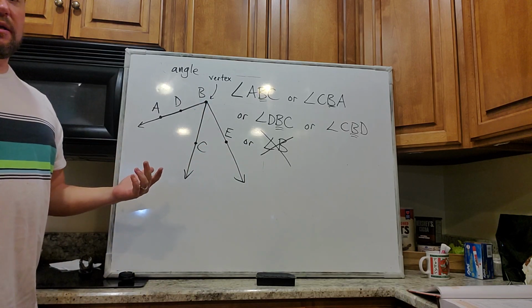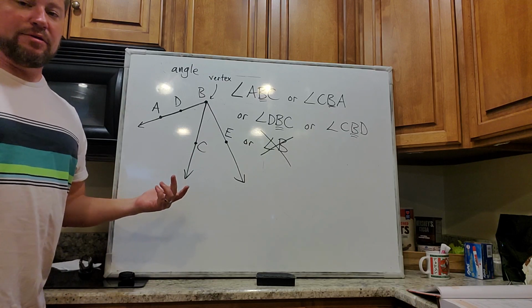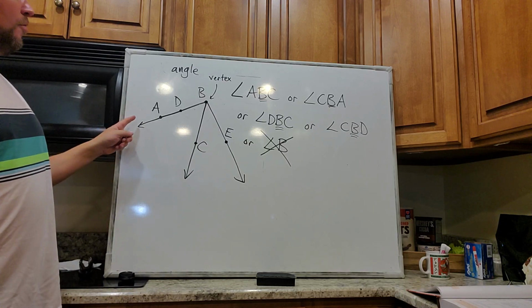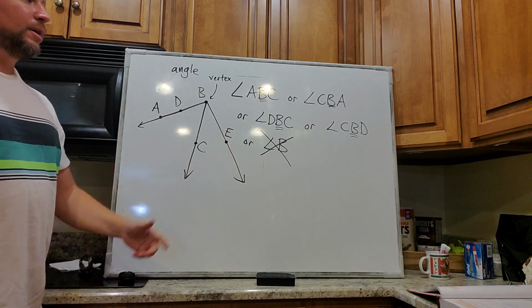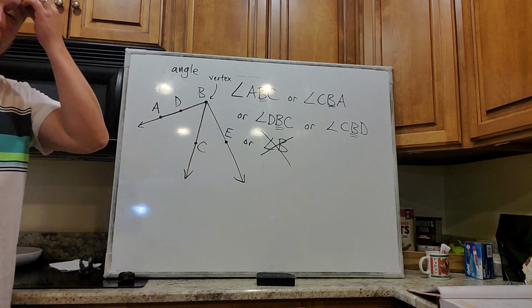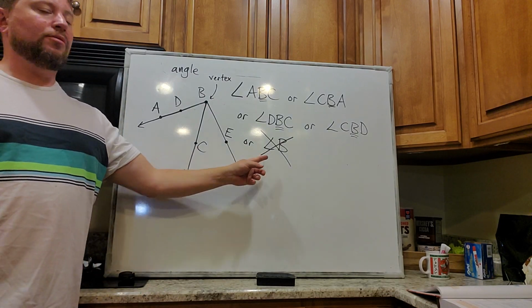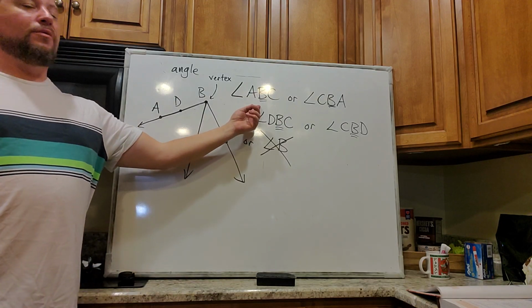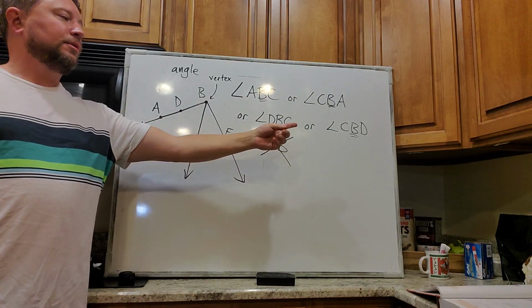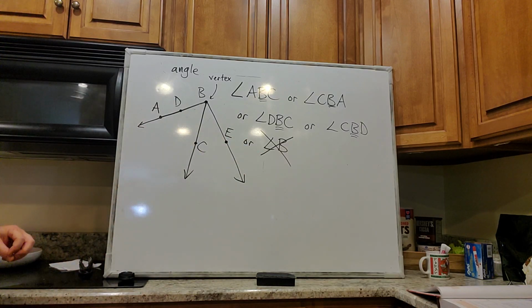And then technically there's even a third angle that a lot of people don't think about that has B as a vertex. And that's the overall angle, ABE. So in that event, if there are multiple angles at a vertex, you cannot get away with that shortcut of 1 letter. So if you really want to play it safe, you should always use 3 letters to name your angles. But that is an option if it's the only angle at the vertex.